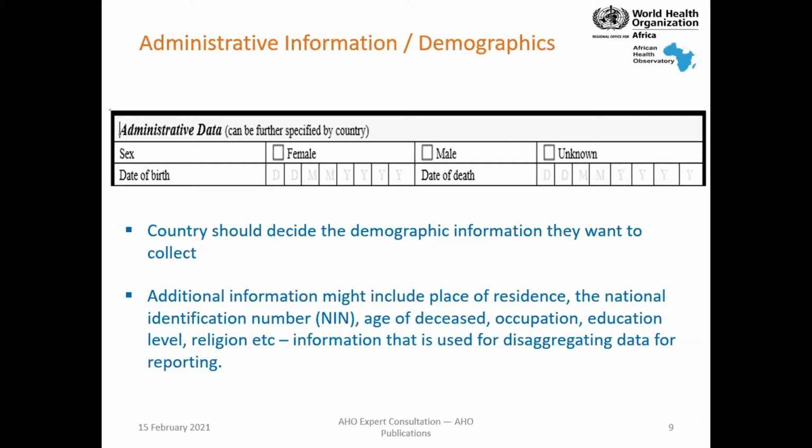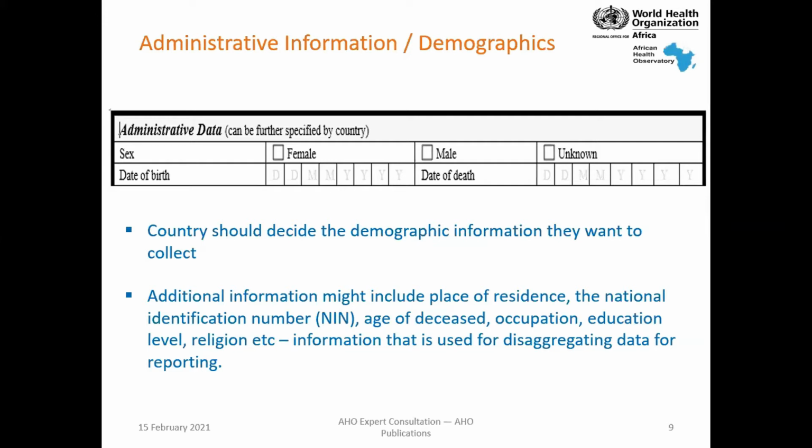Where countries have a national registration system and this information is already included, all you do is enter the person's national identification number, and the section should update automatically, especially if you are using an online electronic medical record system for medical certification of cause of death.